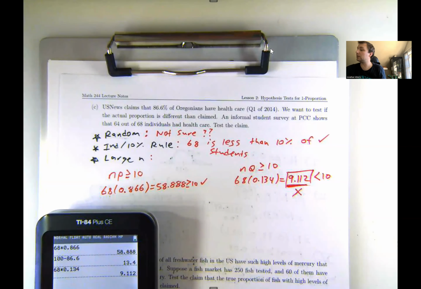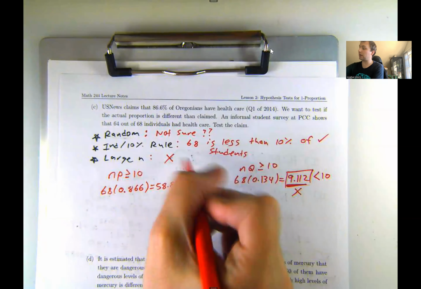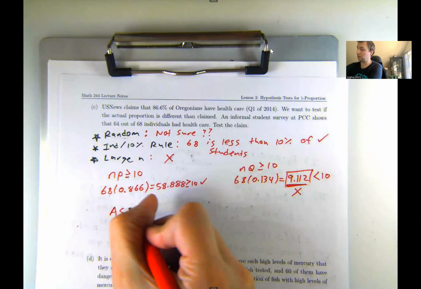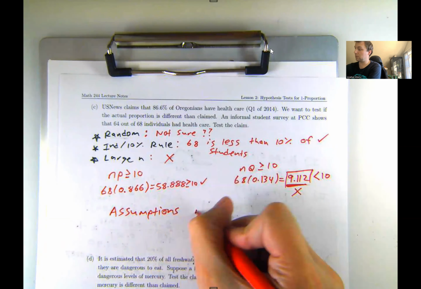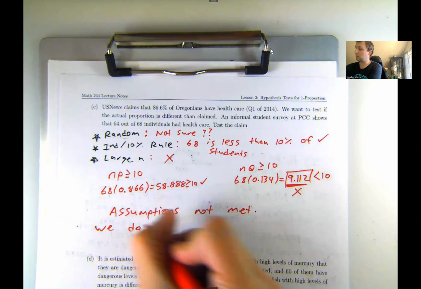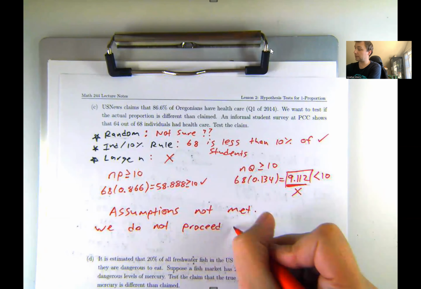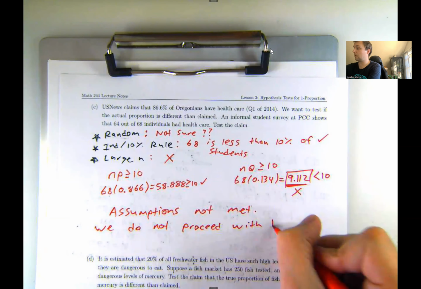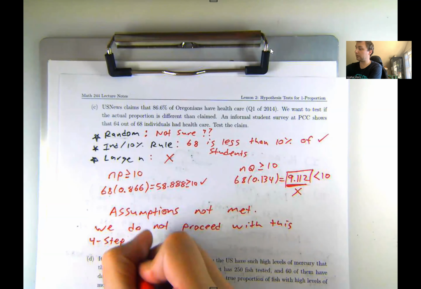When you fail an assumption, you should not continue to do the analysis. So in this case, because my assumptions are not met, it is not a large N, we do not proceed with this 4-step process.